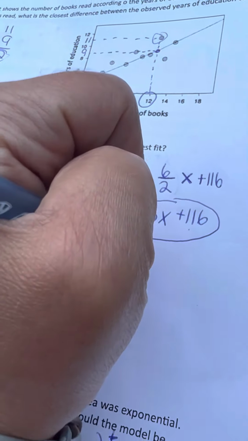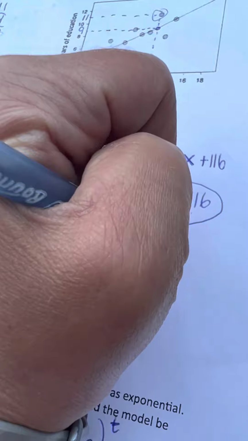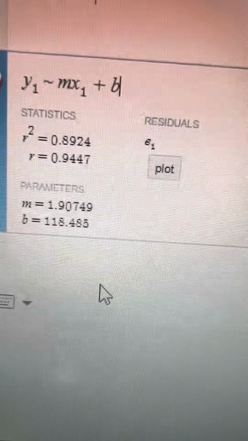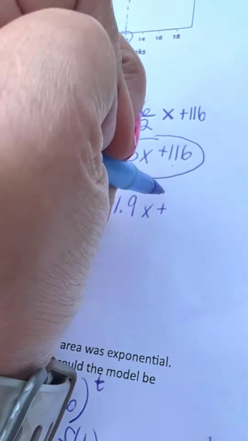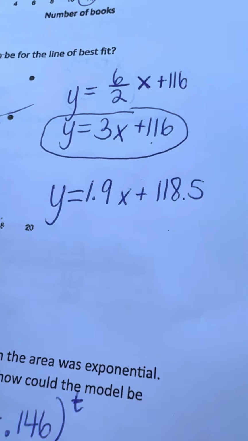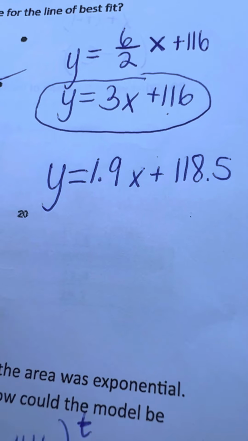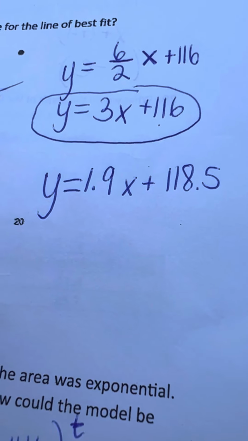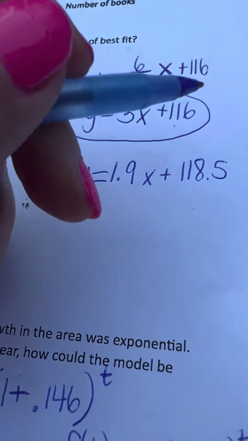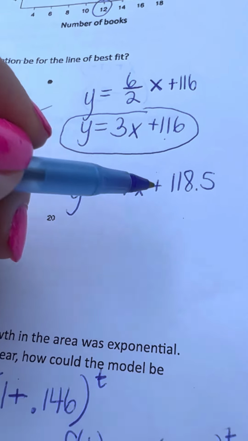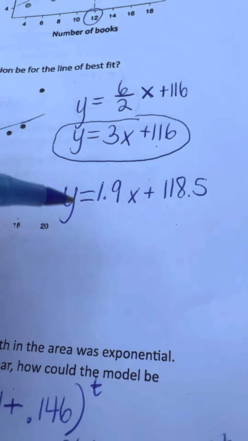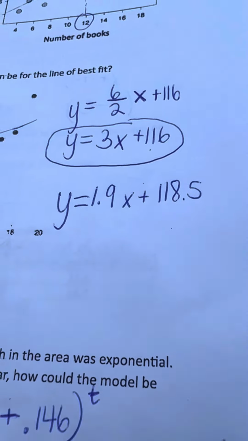So this one is saying that my slope is 1.9x, and the y-intercept, or the b value, is 118.5. So, I was off in my drawing, but I wasn't horribly off. You can see that now I've got an idea of what my choice should be around. That should help me with solving this question.